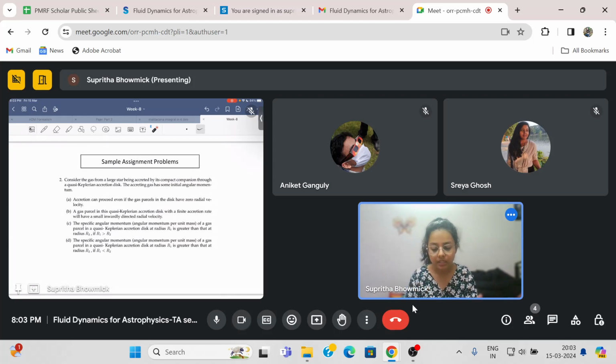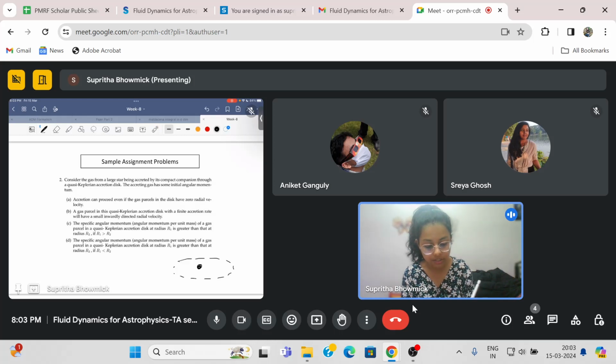Second question. Consider gas from a large star being accreted by its compact companion through a quasi-Keplerian accretion disk. So you have a system which is accreting material, and the approximation you've taken for this accretion disk is that the orbits are quasi-Keplerian.